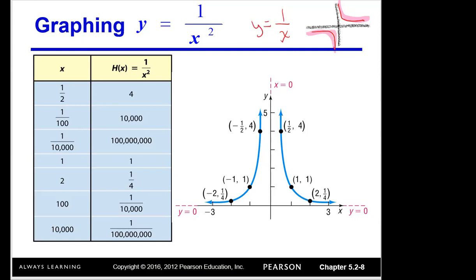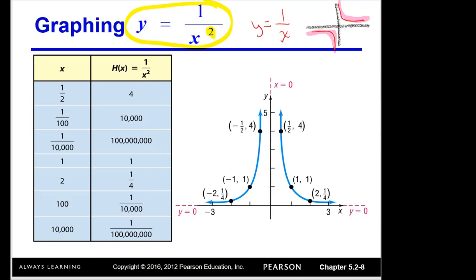Now, if you look at this function, which is y equals 1 over x squared, this is an even function.